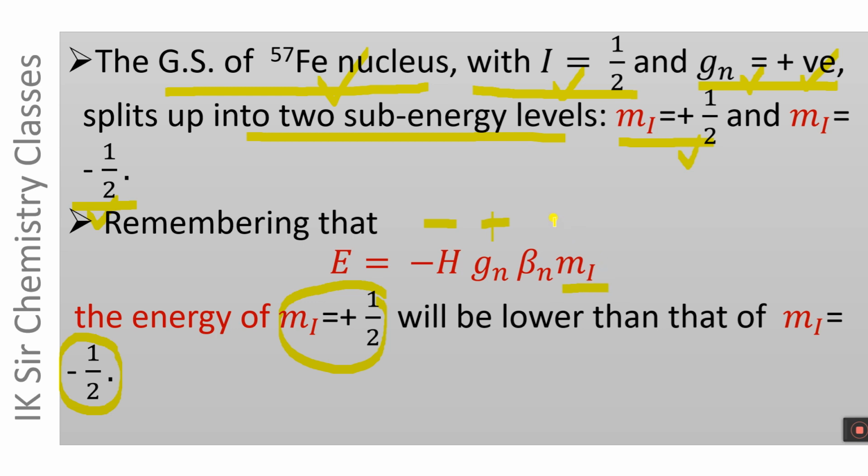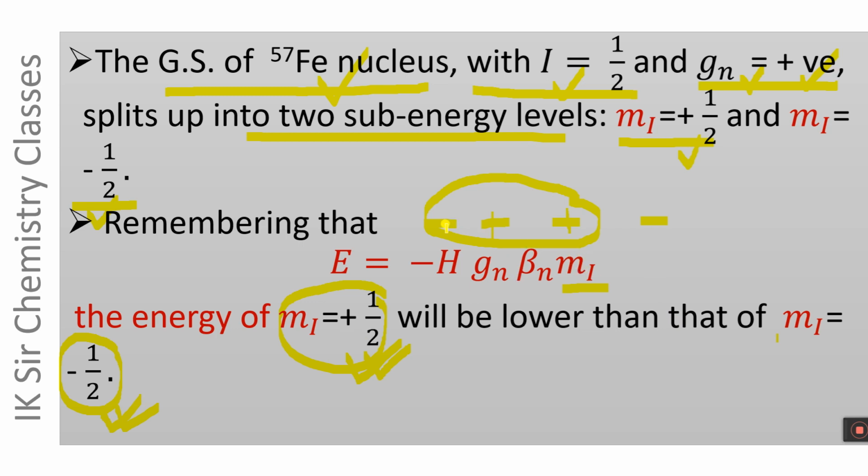If m_I is positive, the overall term will be negative and the energy will be lower. This is why m_I equals plus half has lower energy than m_I equals minus half. The energy of the m_I equals plus half level will be negative, while the energy of the m_I equals minus half level will be positive.